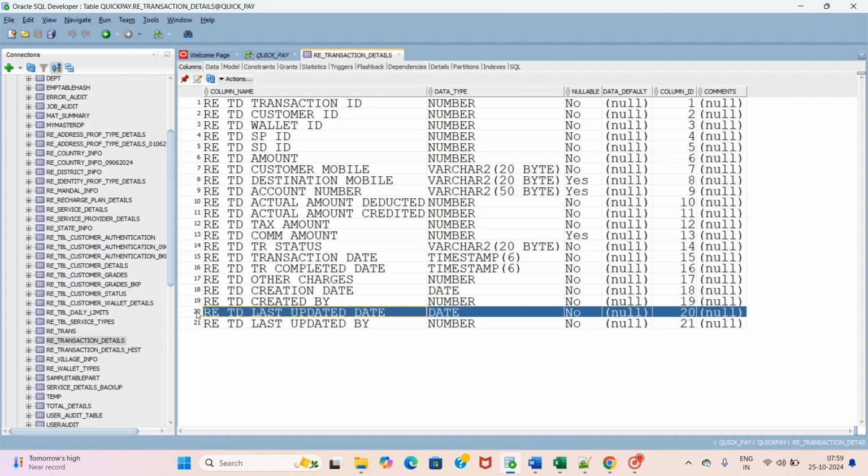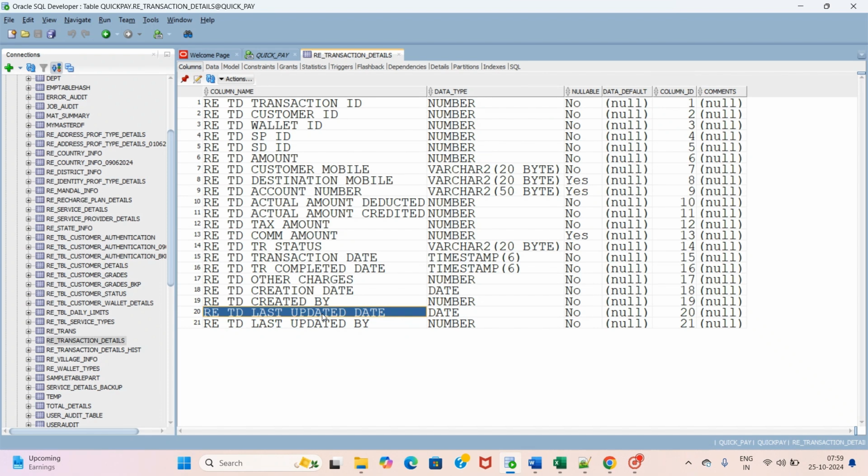Why? Because if any manual activity happens on the data, we need to update the last updated date of that record. Remember that it is not the transaction completed date. Transaction completed date means the response date coming from the operator and the bank. But last updated date is not a completed date.